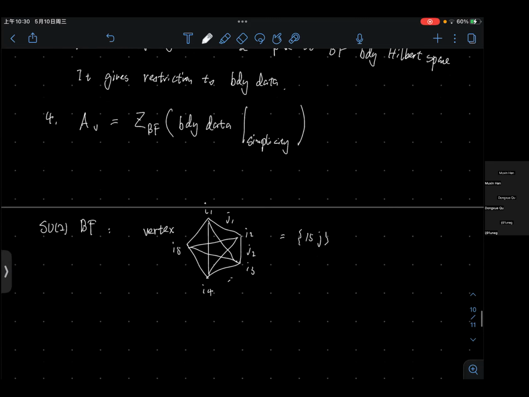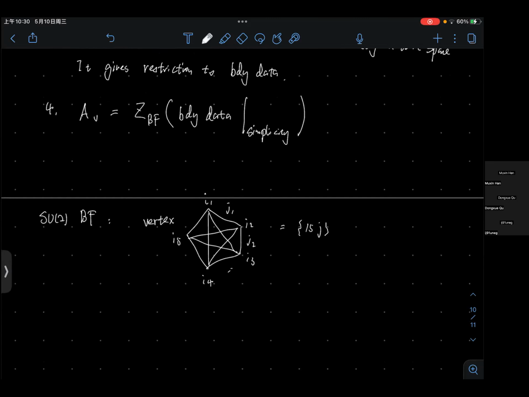So for each boundary tetrahedron of the 4 simplex, there is an intertwiner I_A, with A from 1 to 5. There are 5 tetrahedra and 5 intertwiners. Then there are the boundary triangles of the 4 simplex.